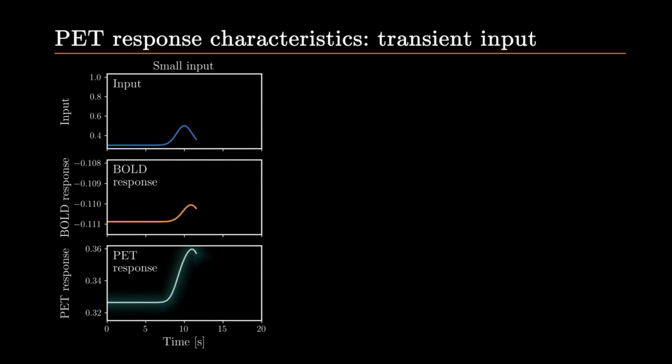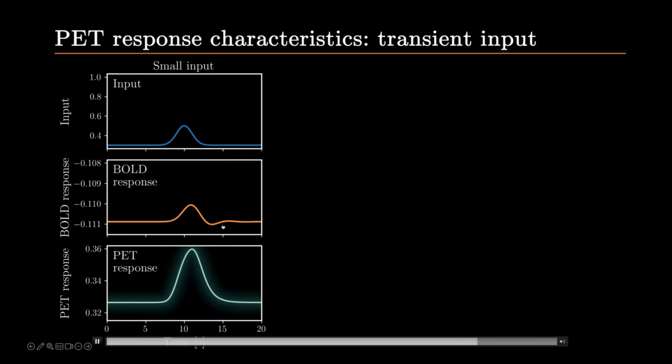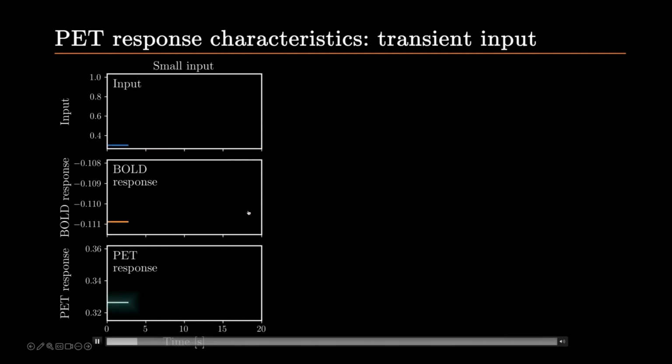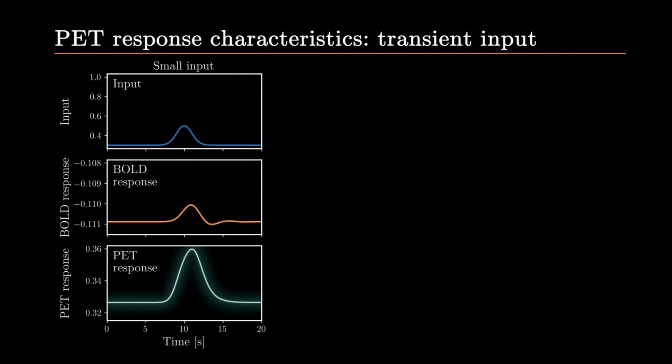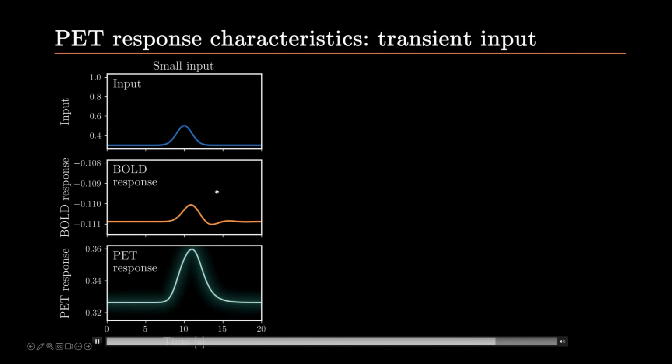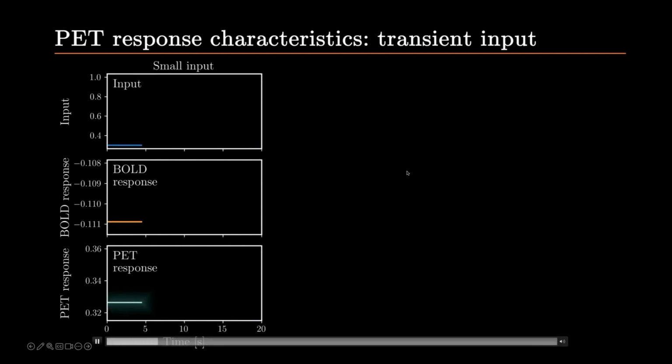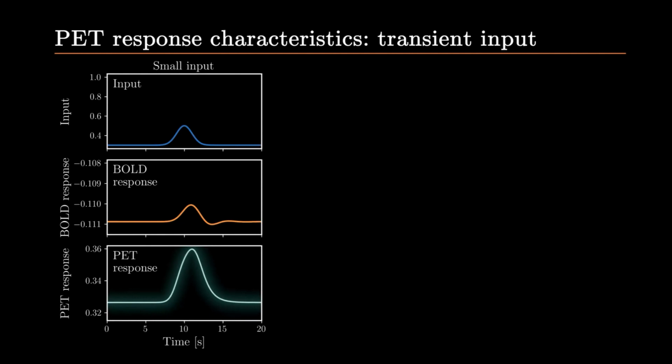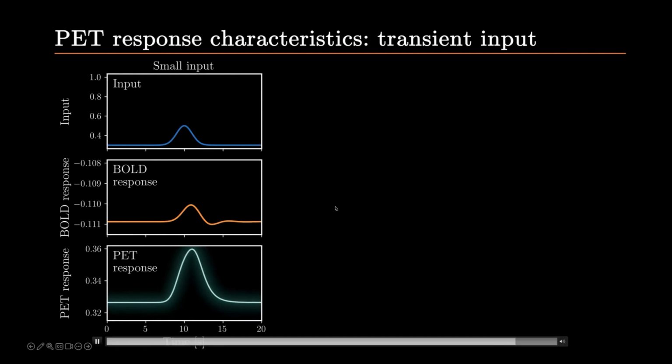And on the last one, we see the PET response of the optimized PET model. The bold response has this typical shape where we get one peak at the activity, and after the input activity, we get a little dip, a negative peak, and then we go back to its base value. Whereas in the PET response, we just have one peak. This is for small input.